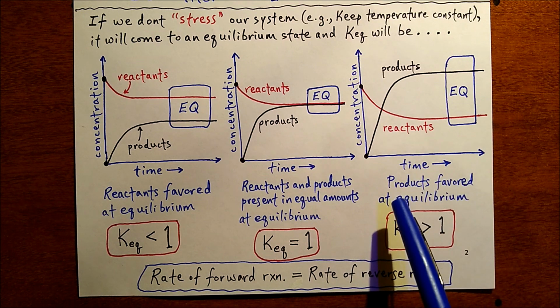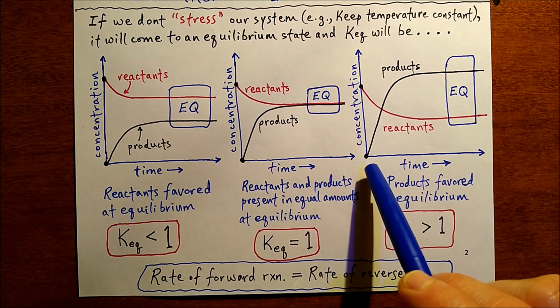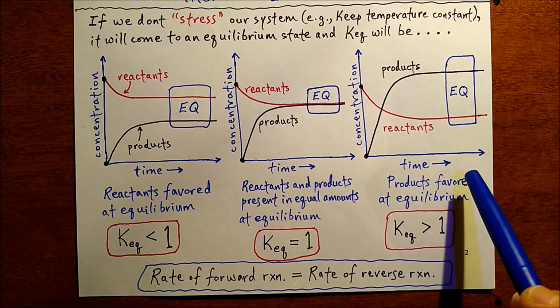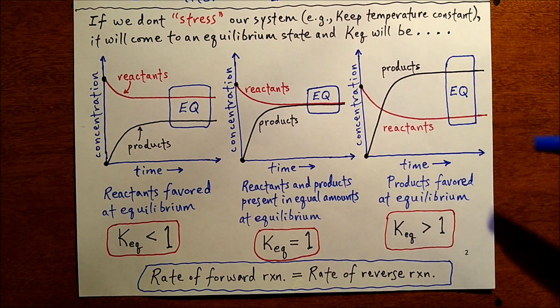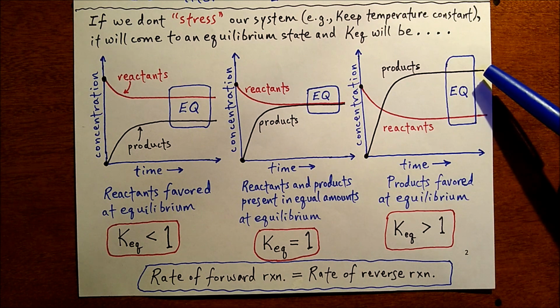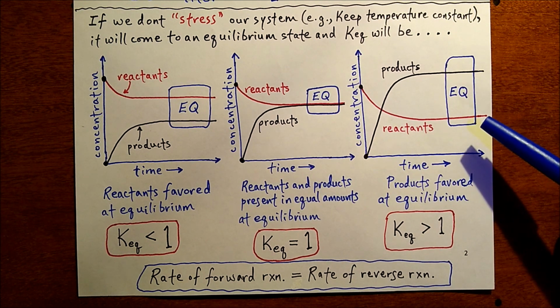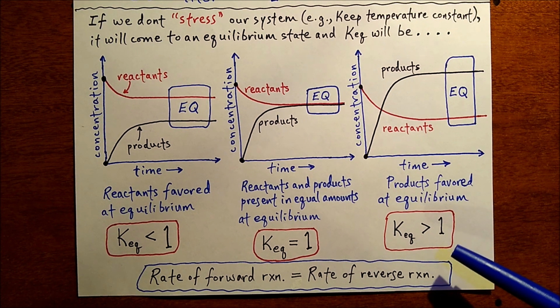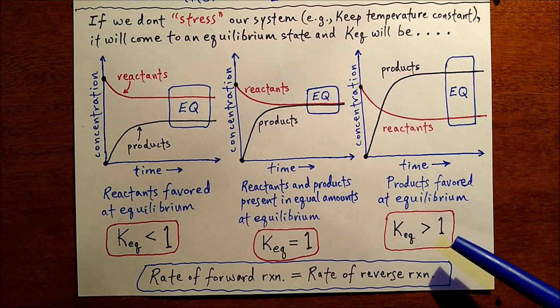In this case on the right, what happens is the products are forming much quicker than the reactants are being consumed. So when you do finally reach equilibrium, the amount of products present is much larger than the amount of reactants present. In that case, we have a KEQ that is greater than 1.